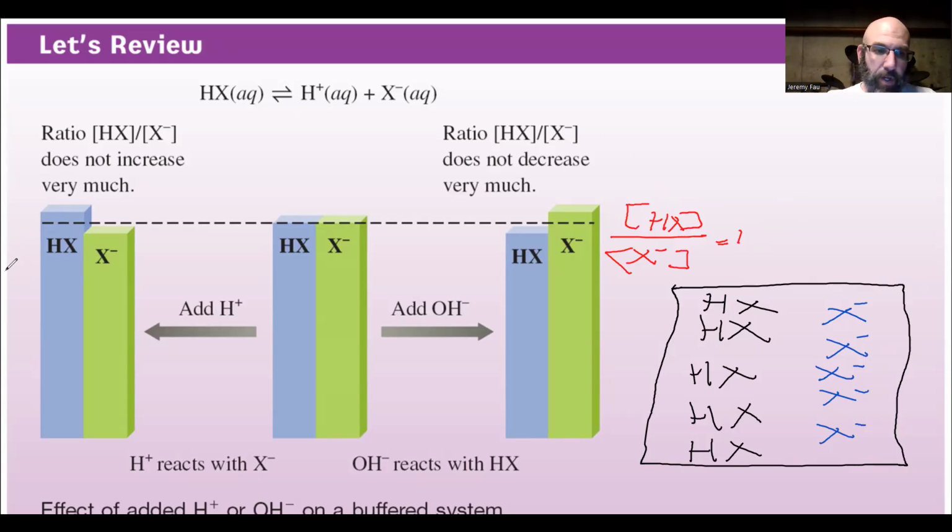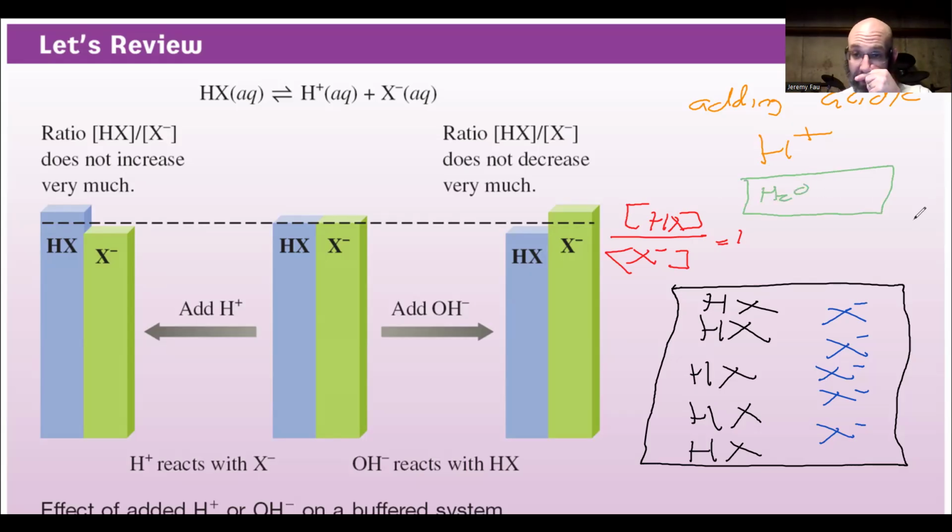So along comes an H plus ion. Here I'm adding something acidic. Now let's just think normally. If I have a beaker that just has water in it, and let's say I add, just for argument's sake, 2 H plus ions.